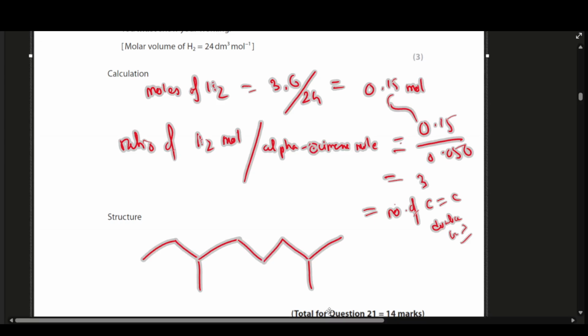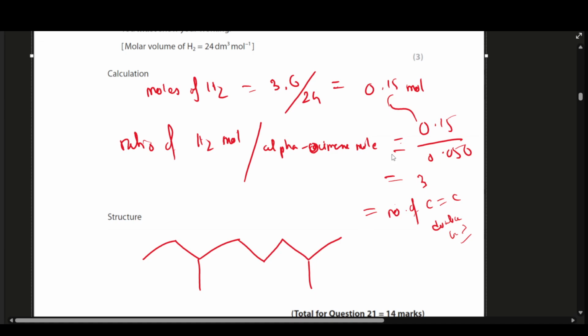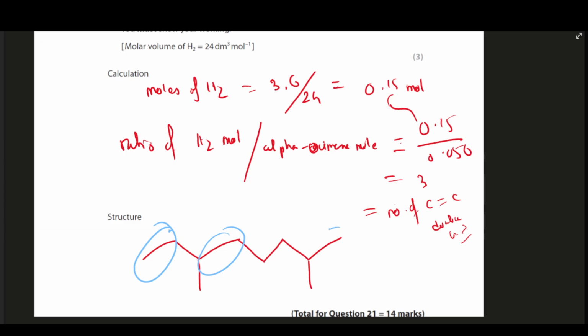Does it make sense? Yes, it makes sense. See, I have just broken down the bonds right here, this one and this one and this one. Okay, did you guys understand?